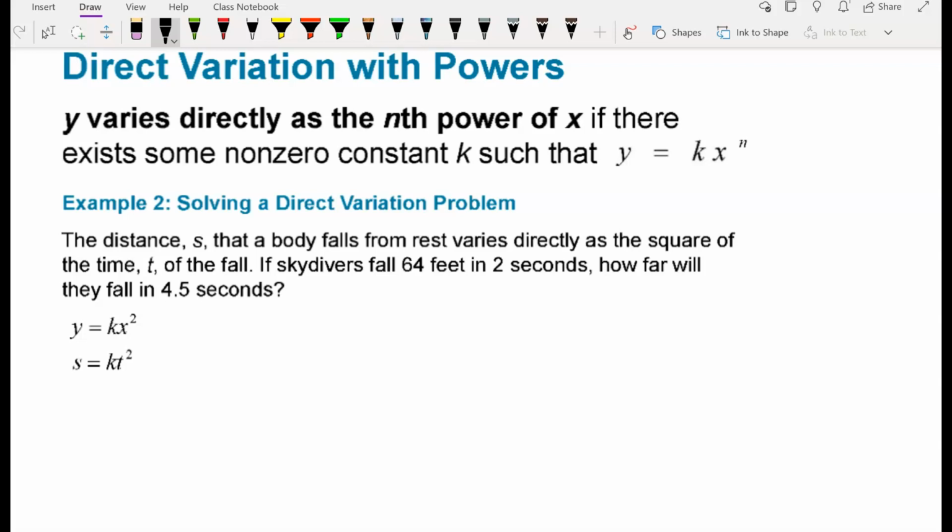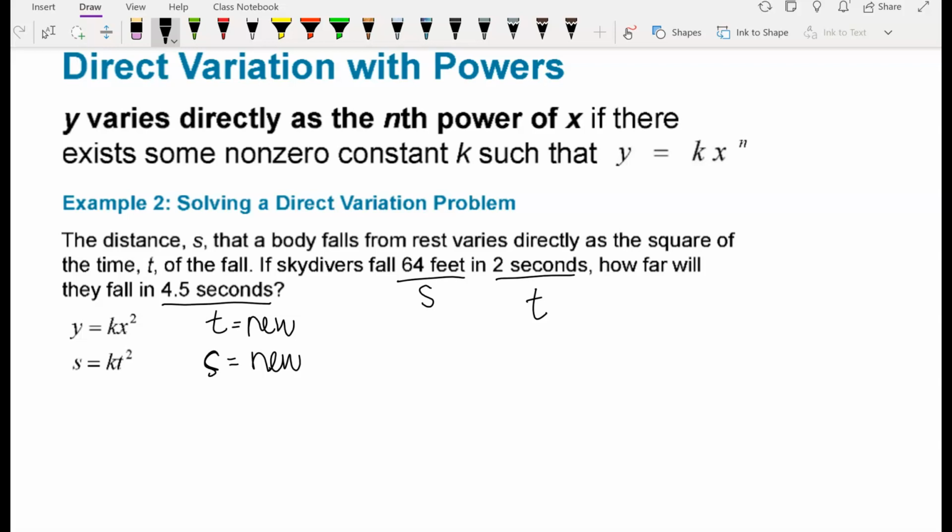If the skydivers fall 64 feet in 2 seconds, so remember this is distance and time, how far will they fall in 4.5 seconds? So that will be your new t. And then we want to find the s of the new equation.